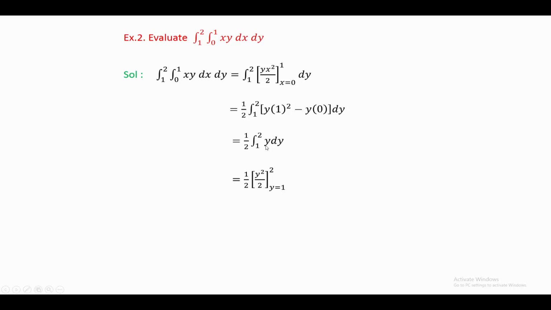So 1 half into y square by 2, y varies from 1 to 2, is equal to 1 by 4. First put the upper limit, then the lower limit: put y is 2, so 2 square, minus put y is 1, so 1 square. Equals 1 by 4 inside the bracket 4 minus 1. 4 minus 1 is 3, so the answer is 3 by 4.